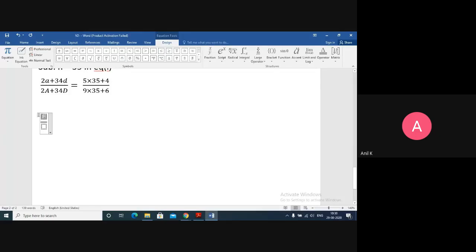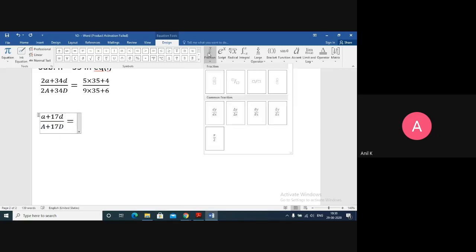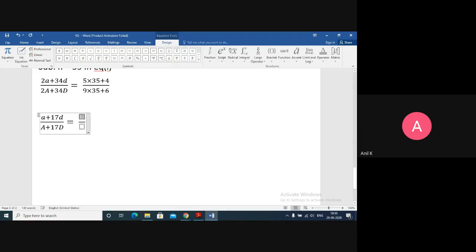So what you are left with in the numerator is a plus 17d, and here also a plus 17 capital D, which is equal to, after simplifying, 5 into 35 is 175, plus 4, 209. 9 into 35 is 350 minus 35, 315, plus 6, 321.